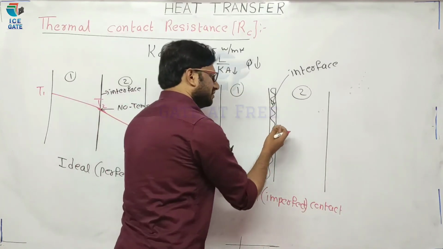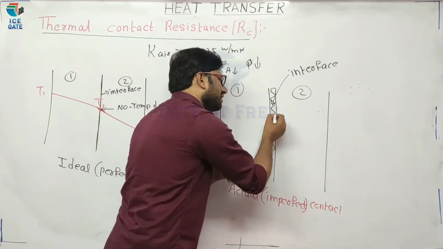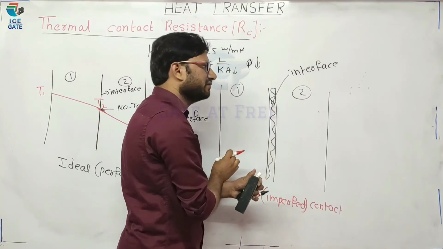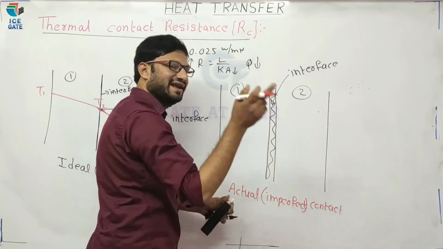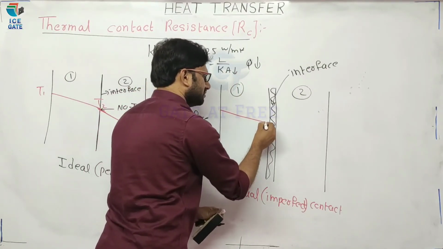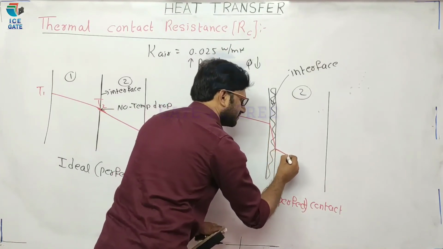So the air will be trapped in between the interface. We know that the thermal conductivity of air is very, very low, so it offers additional resistance to heat flow. Therefore, the temperature profile is like this.